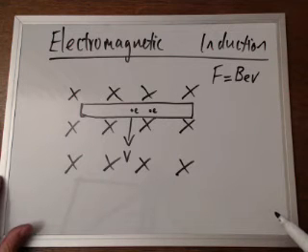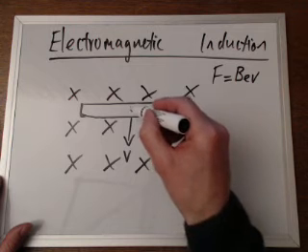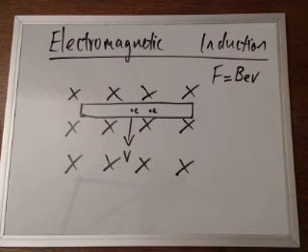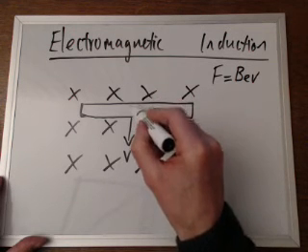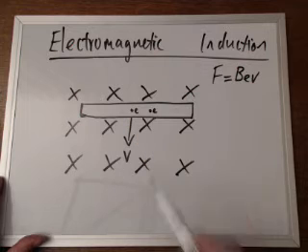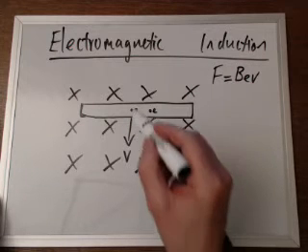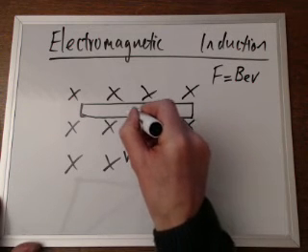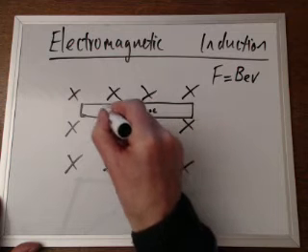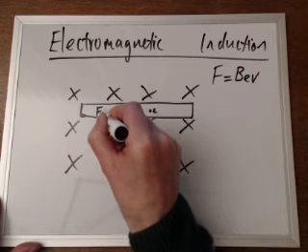And in fact, if we look at Fleming's left-hand rule, if the electron's moving in that direction, you'll find that the conventional current flows in that direction, and with the magnetic field pushing down, it'll feel a force, and that's called Fm.